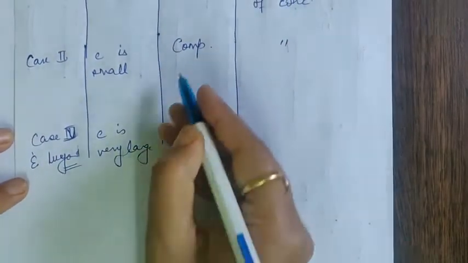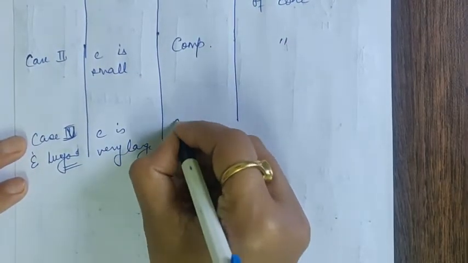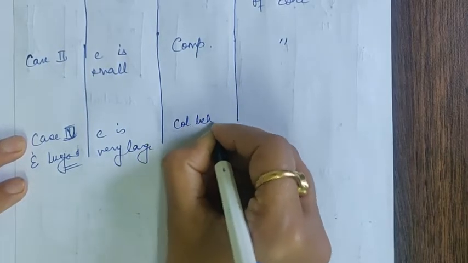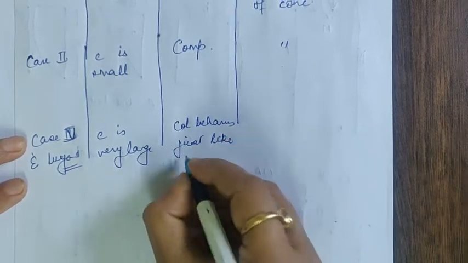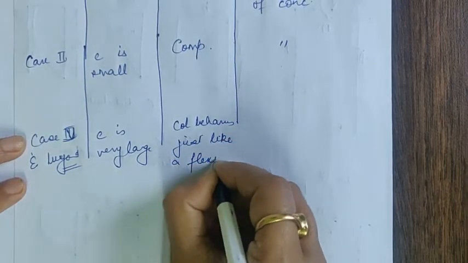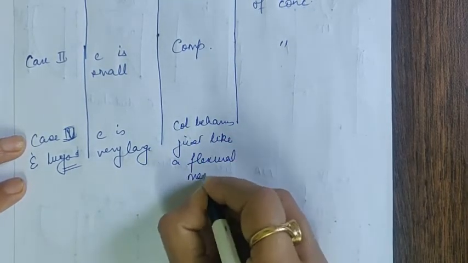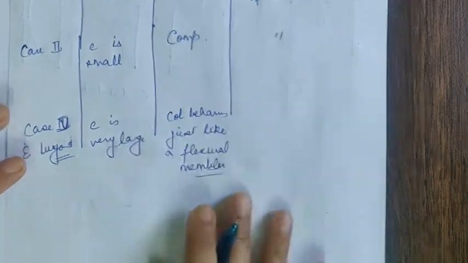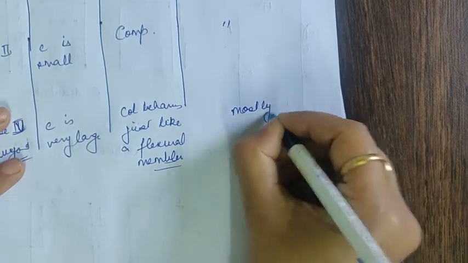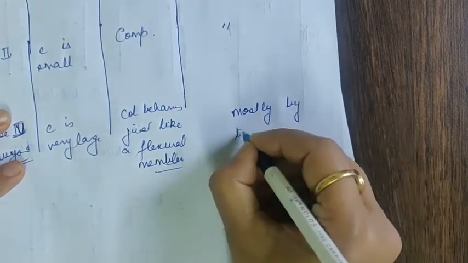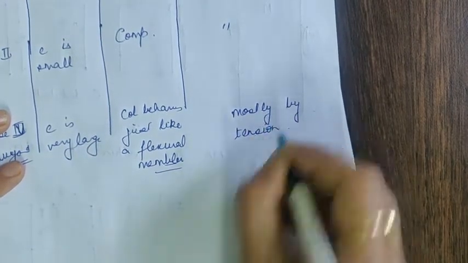So in this case it is just like a flexure member. The column behaves just like a flexure member, and it means the failure will be mostly by tension, mostly by development of tensile stresses. So this is a type of failure.